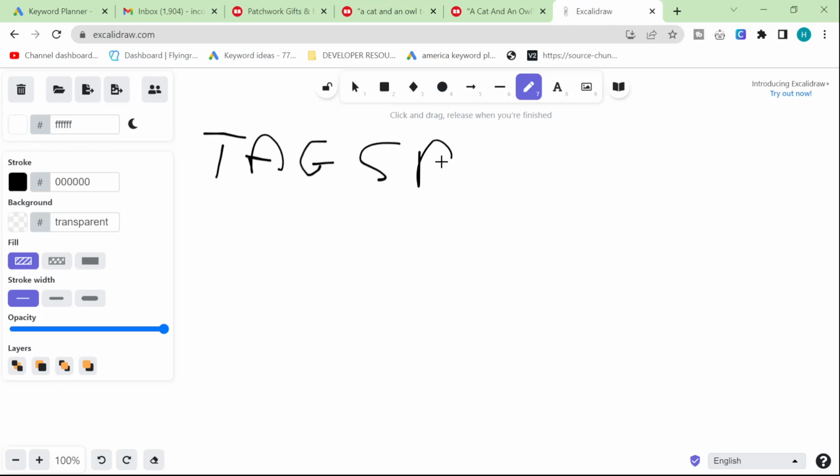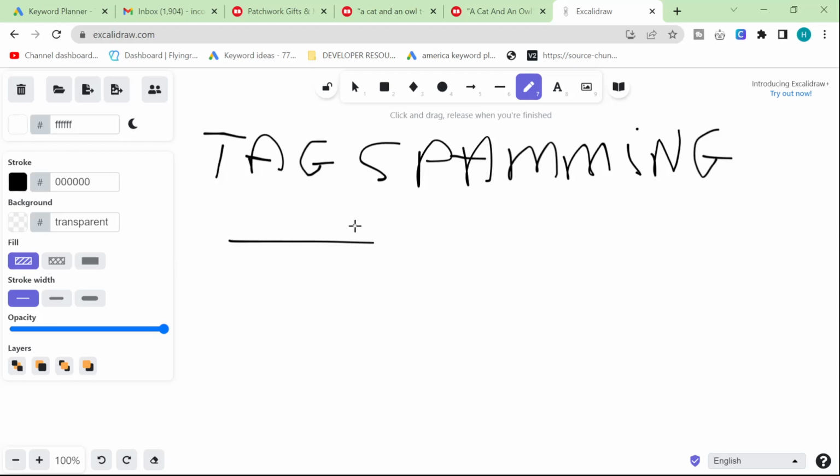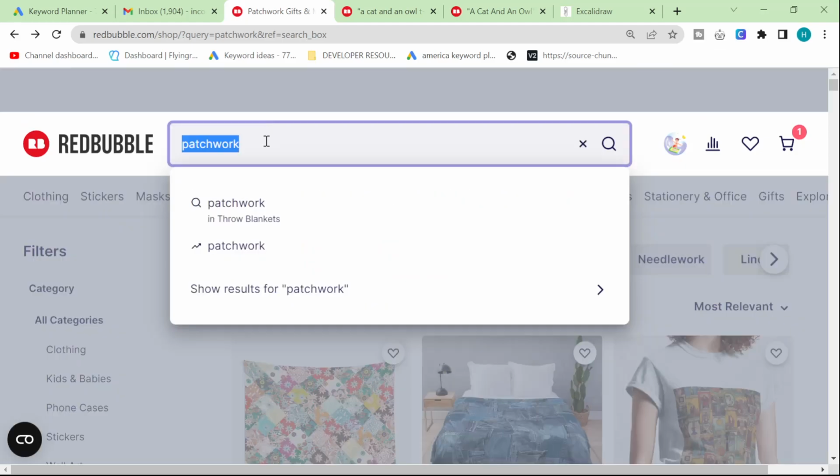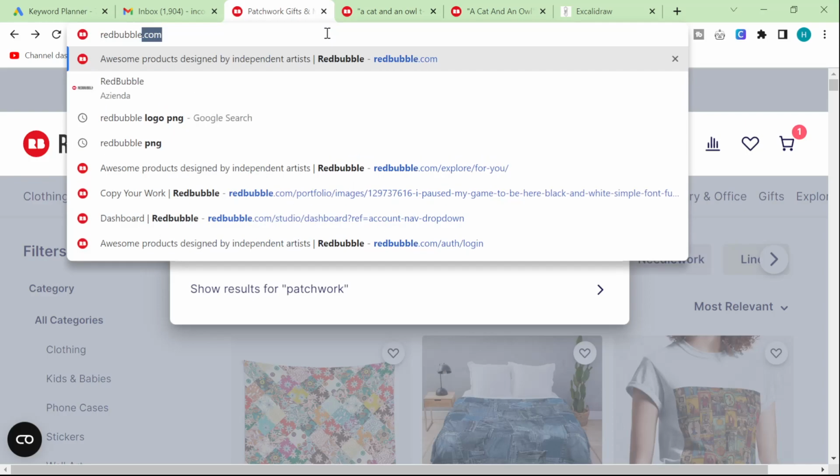How are they doing this, first of all? My personal theory is they have some kind of hookup that automatically creates a design once it hits a certain keyword tool and once it starts trending. I'm not sure what that keyword tool is. It could be Google Keyword AdWord Planner. It could be Redbubble. They could be using the Redbubble sitemap, which I've talked about a few times on this channel.